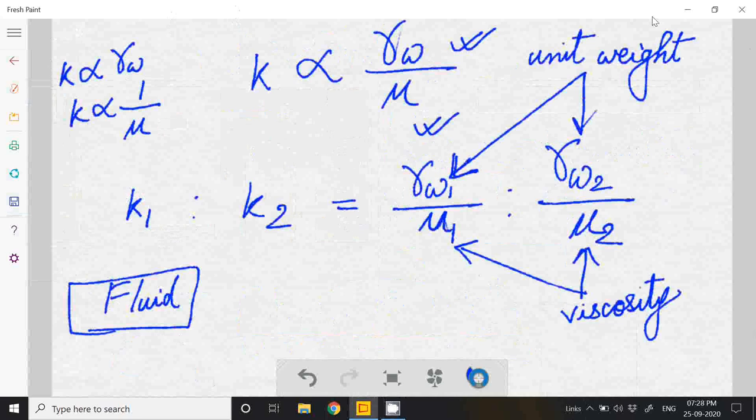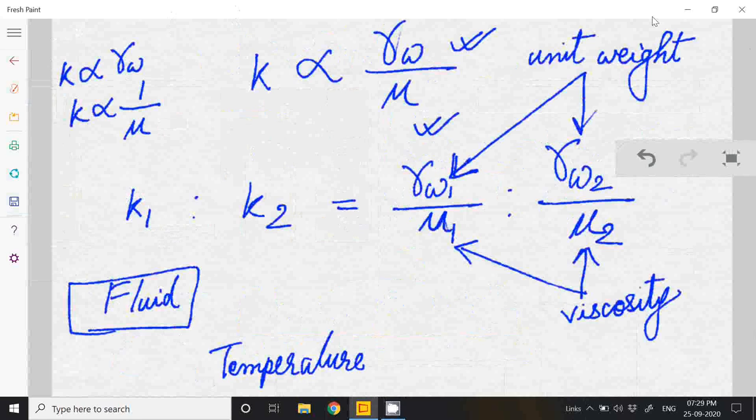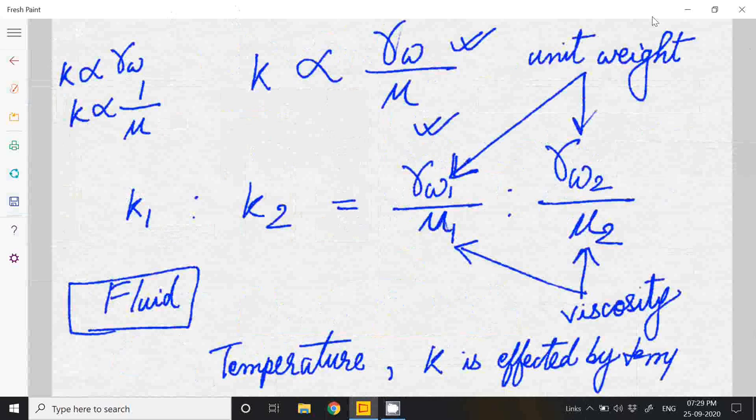Unit weight and viscosity are affected by temperature also. So indirectly we can say K is also affected by temperature.